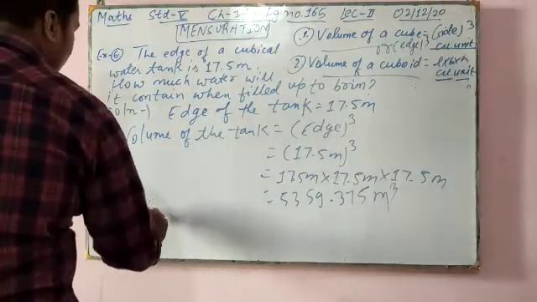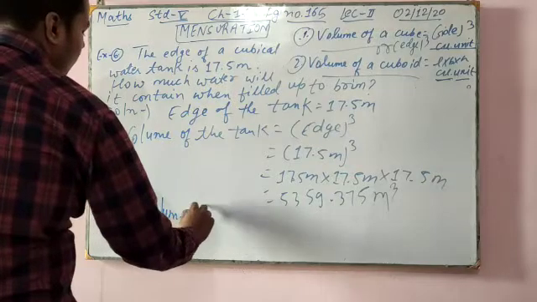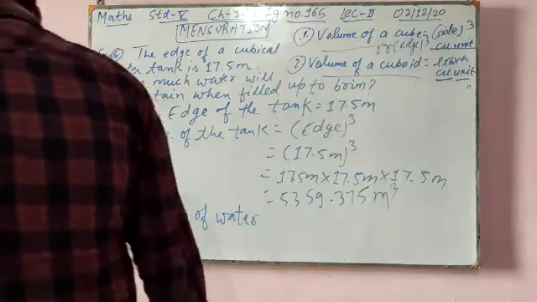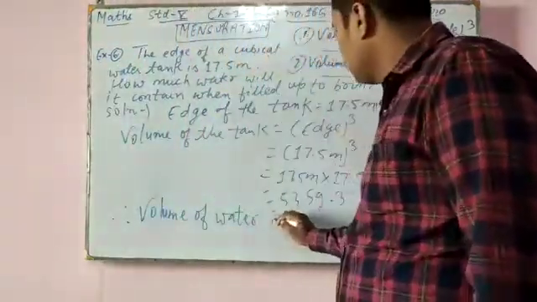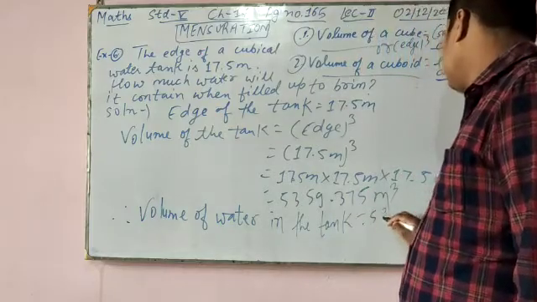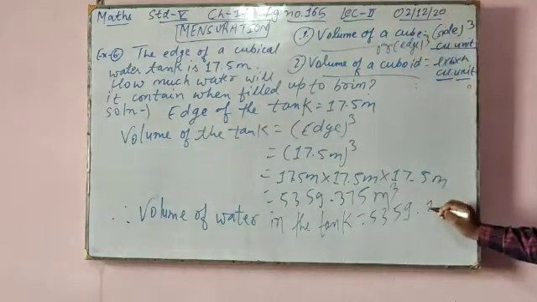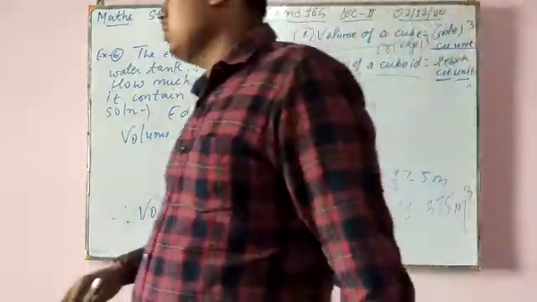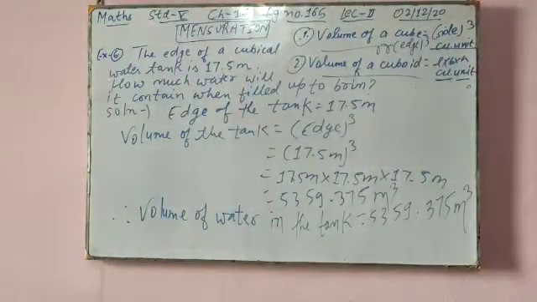So therefore, the volume of water in the tank is 5,359.375 meter cube, which is your final answer.